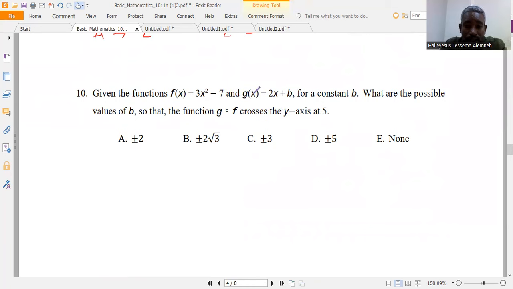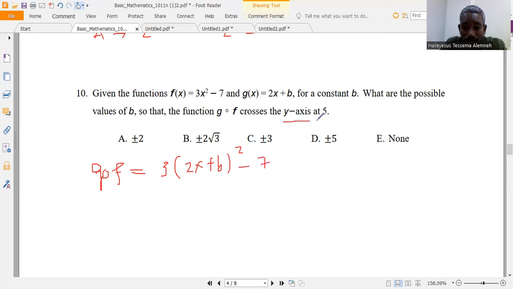The composite function g of f of x is equal to 3 times (2x plus b) squared minus 7.